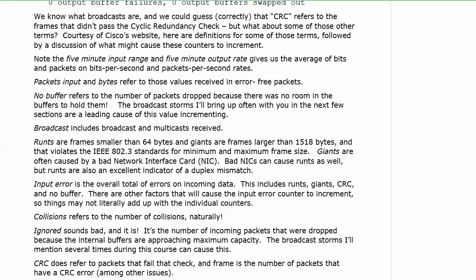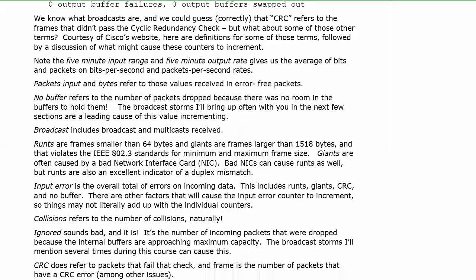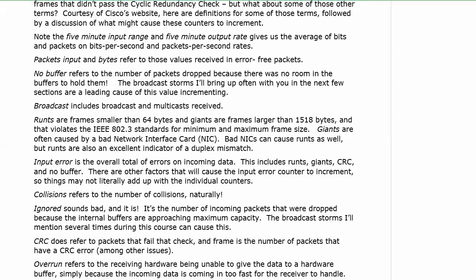CRC, we mentioned that. Now, frame right after that. Frame is the number of packets that have a CRC error, but that also includes some other errors as well. So don't expect CRC and frame to match up exactly. Overrun refers to the receiving hardware actually being unable to give the data to a hardware buffer. Now that's pretty busy.